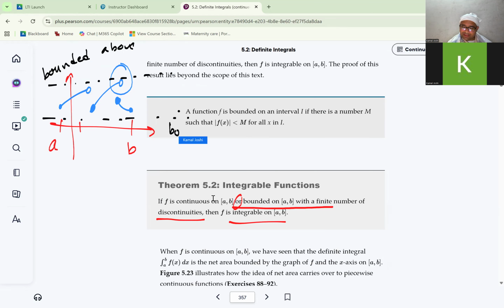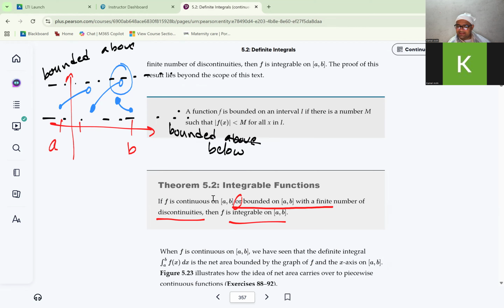If the values are greater than a certain value, you call it bounded below. And if it is both bounded above and bounded below, then you would call it a bounded function, right? If it is bounded and the number of discontinuities is finite, here 2, then it is integrable.